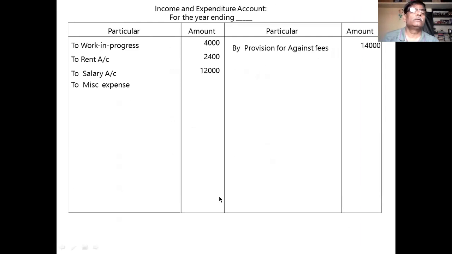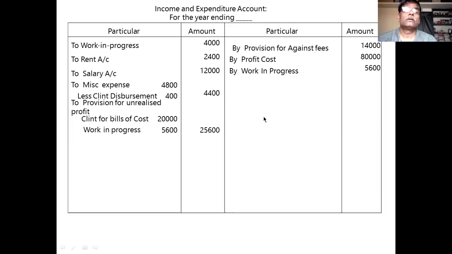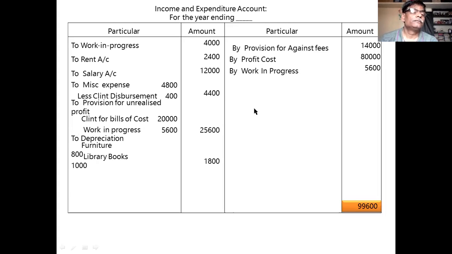This is the solution. Everything is the same as your previous problem. Unrealized profit, miscellaneous expense, less disbursement 400, work in progress, fees taken, then depreciation you take. You close the account, and you will get the net profit surplus of 49,400.